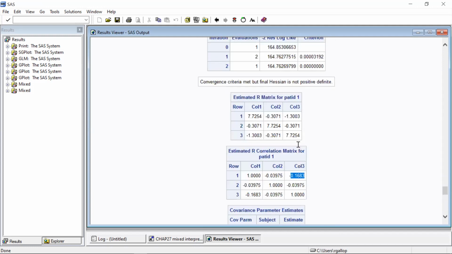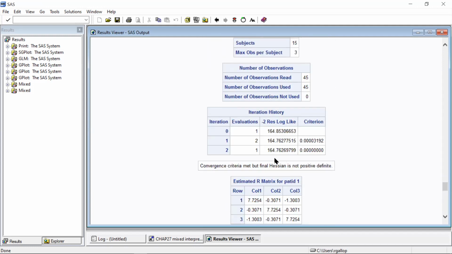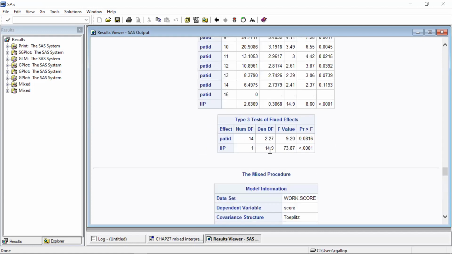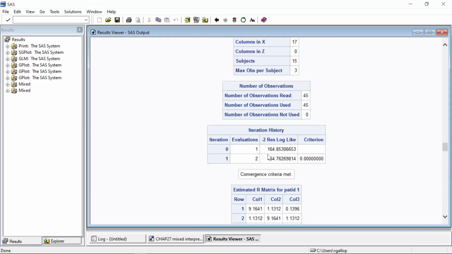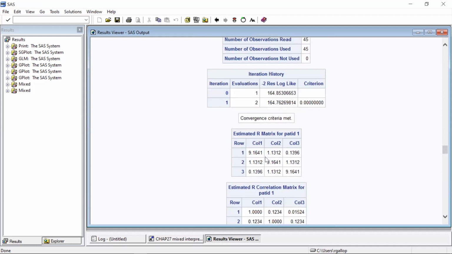I'm going to see if I can get the decimals. Put in terms of decimals, the Toeplitz is 164.763. If I go to the one above, this one's the compound symmetry.